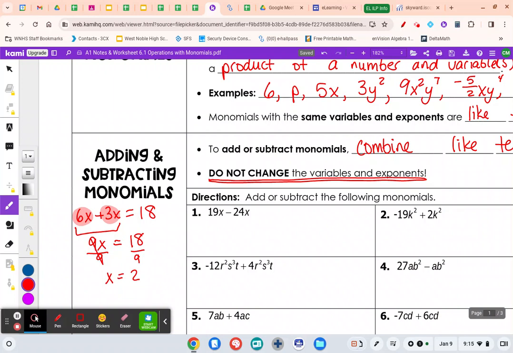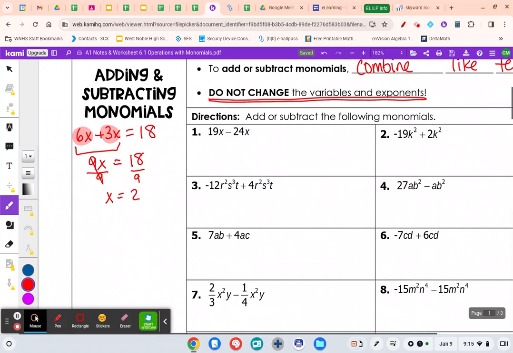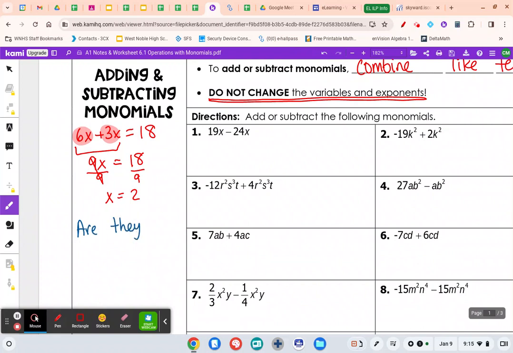You're just doing the combining. So something to always ask yourself: are they like terms? If you can answer yes, combine them.